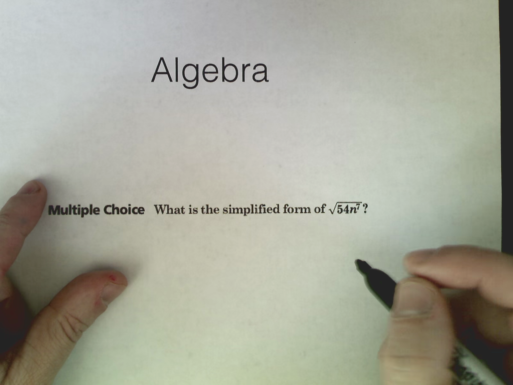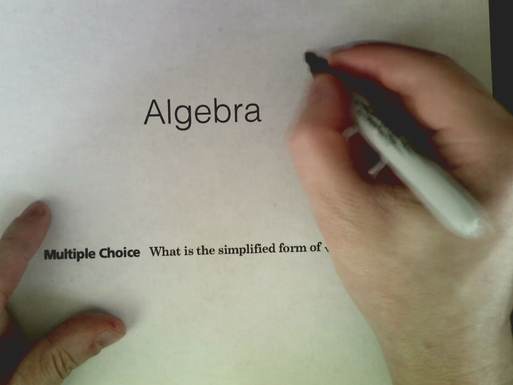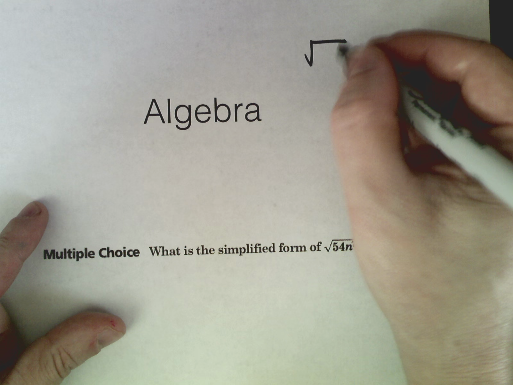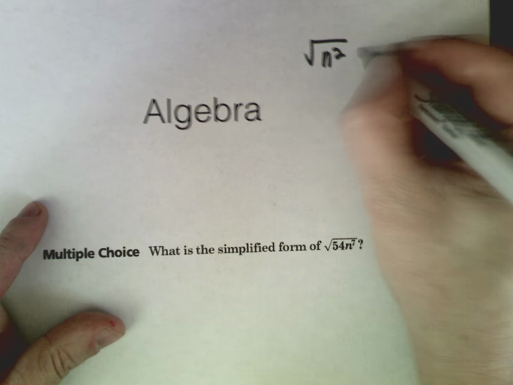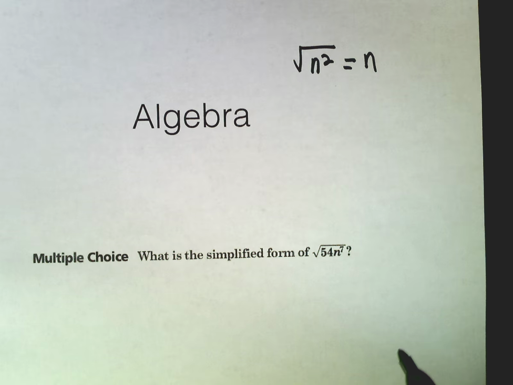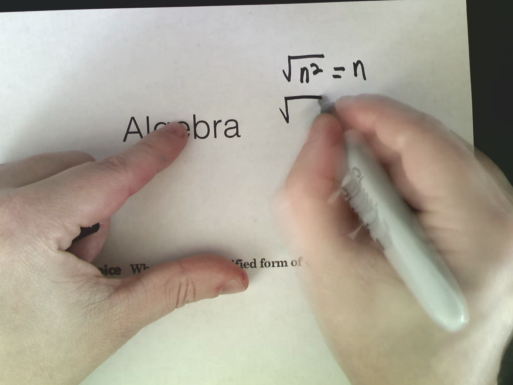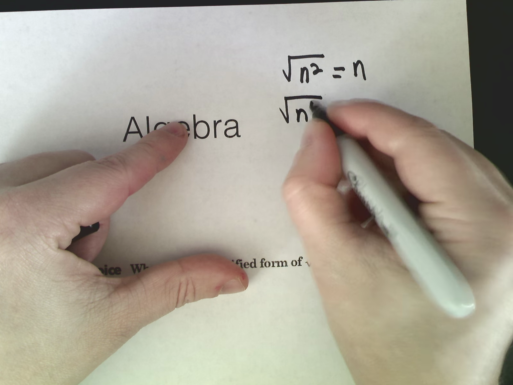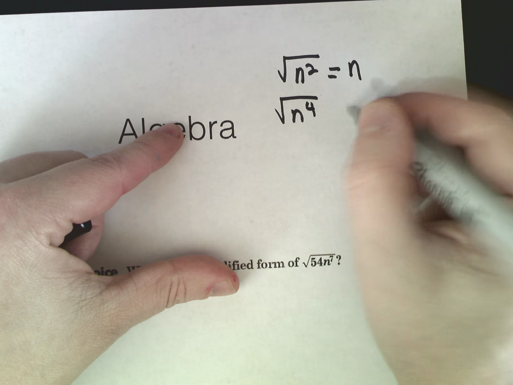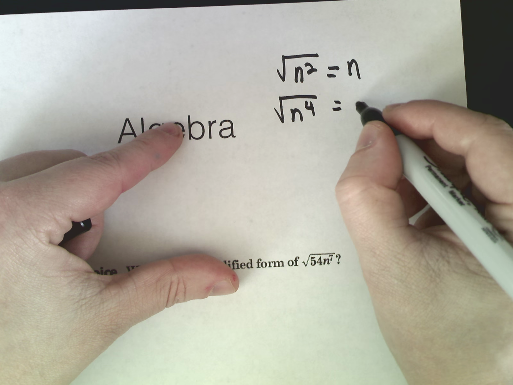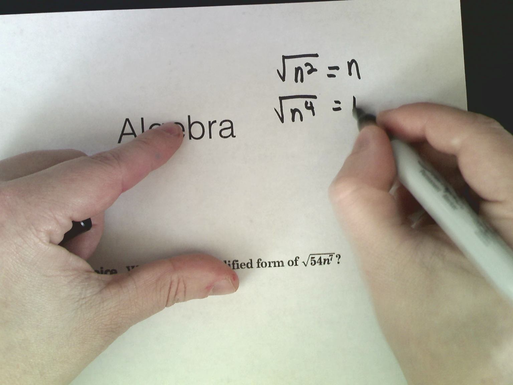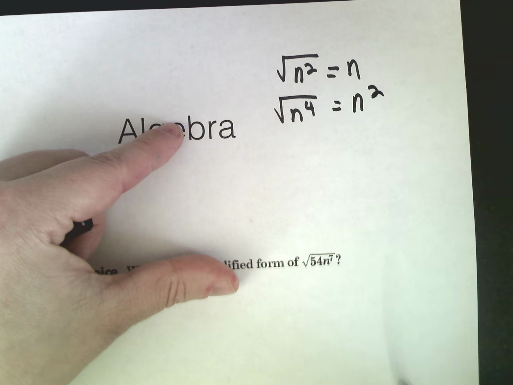Now I'm going to tell you something. If we remember, the square root of n squared, well, that's just n. The square root of n4, I'm picking these numbers on purpose, 4 divided by 2 is just 2, n2.